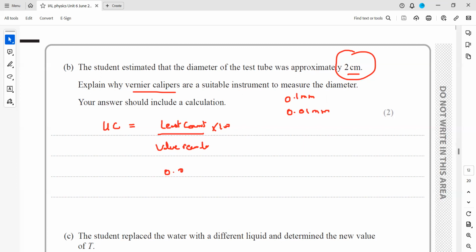So 0.05 divided by the value which we record, 2 centimeter, 20 millimeter, multiplied by 100. So this will give us 0.25%, which is a very low uncertainty.